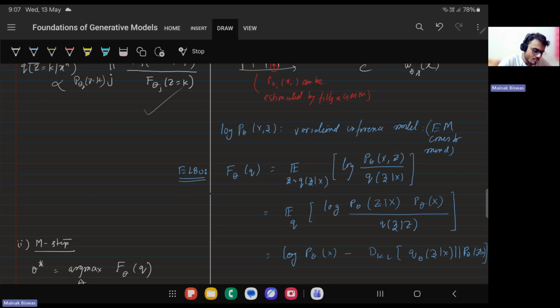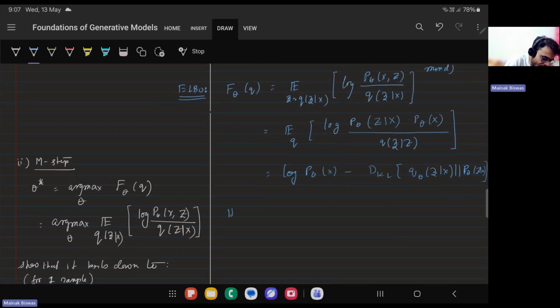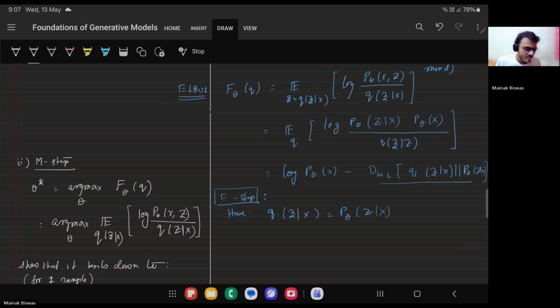So now the idea is to have q, there's no theta here, q of z given x equal to p theta of z given x. Once I do that, this is my E step. This is exactly the EM algorithm. My E step in the EM algorithm, the variational distribution, can be equal to this.